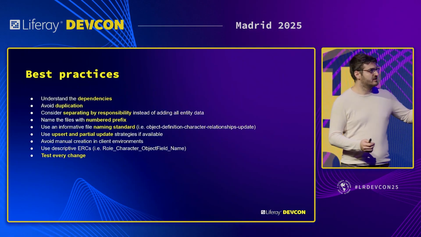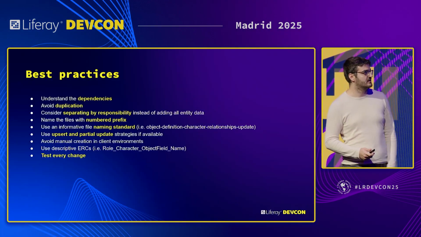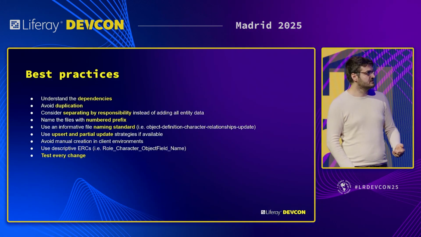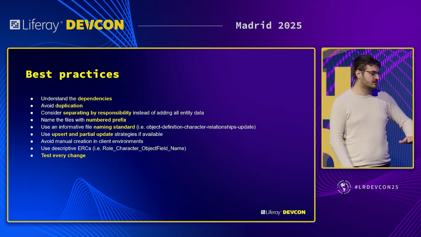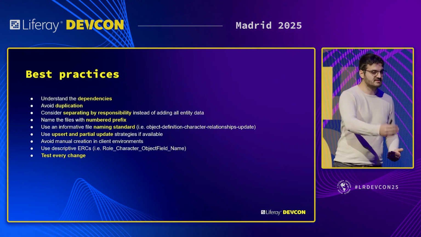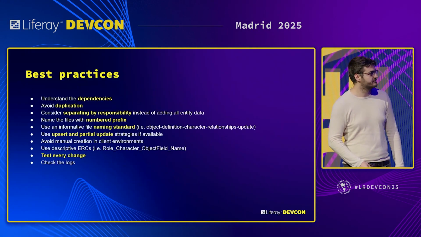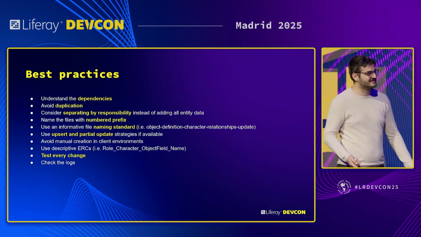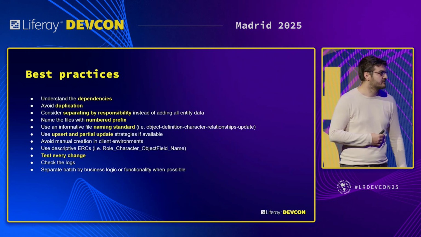And if you are making it step by step, by little steps, you will see where the error comes from, and it will be a lot easier. Sometimes trying to go fast will make you go slower. And check the logs. It's that simple. That's the typical thing that we already do.